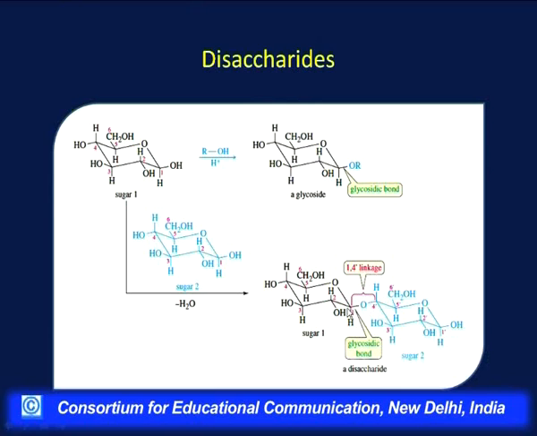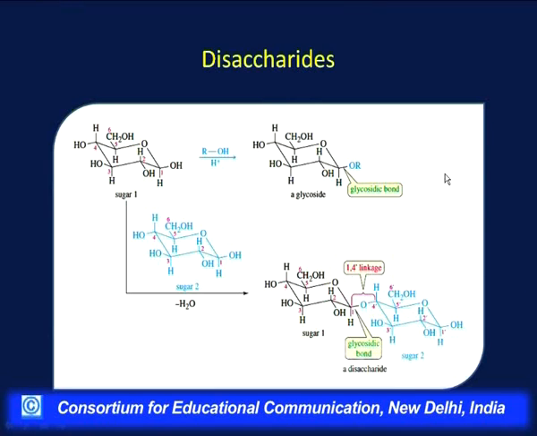This is the linkage between carbon number 1 of one sugar moiety and carbon 4 of another sugar moiety. And now which bond is the glycosidic bond? I am again repeating, it is the bond where the anomeric carbon of one of the sugar moieties is involved. This is not the glycosidic bond.